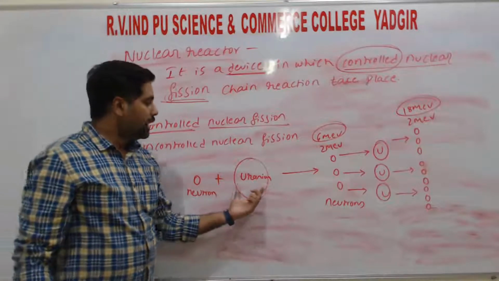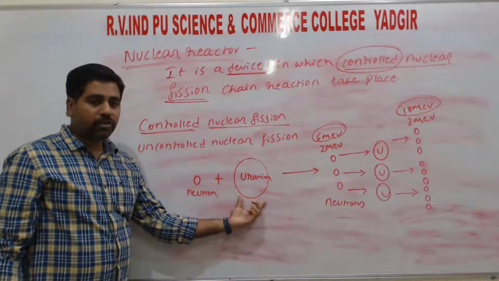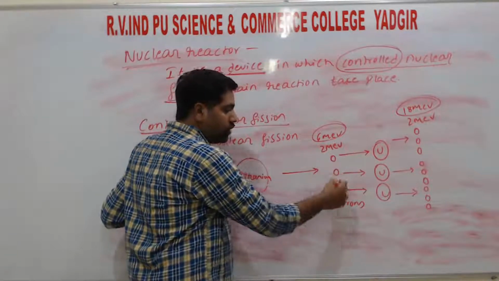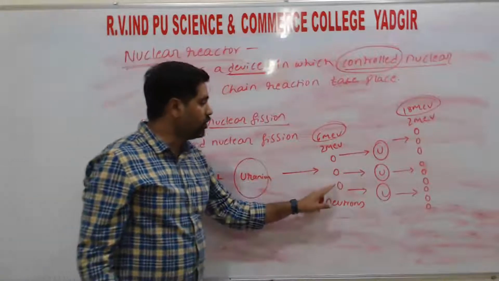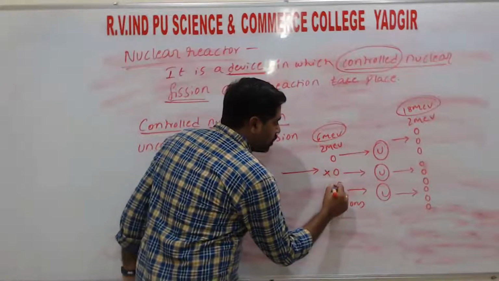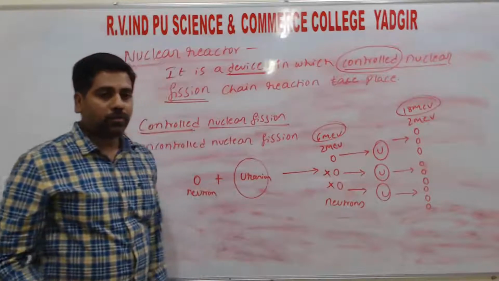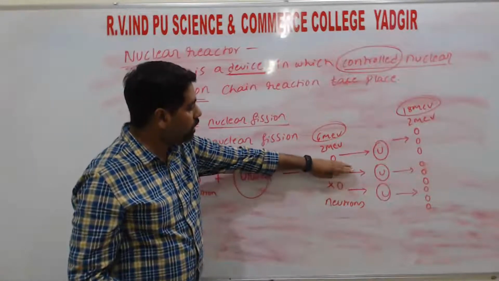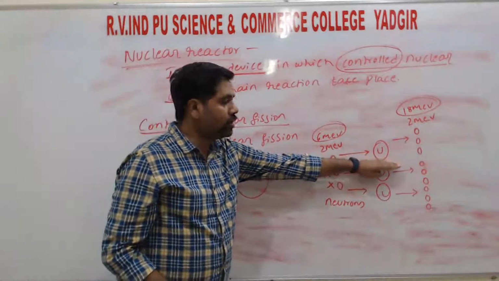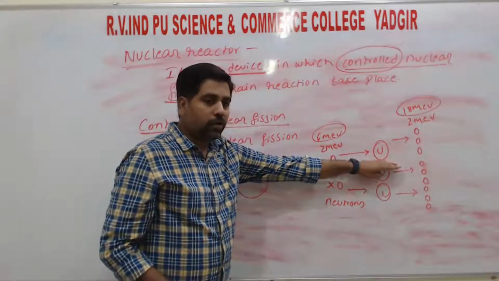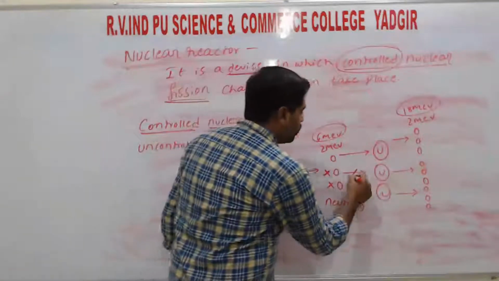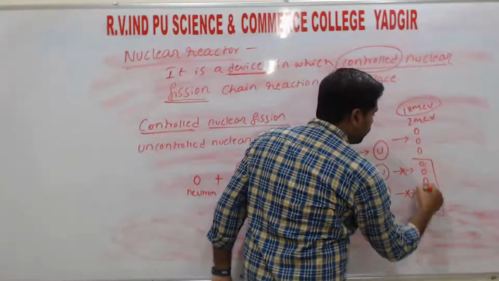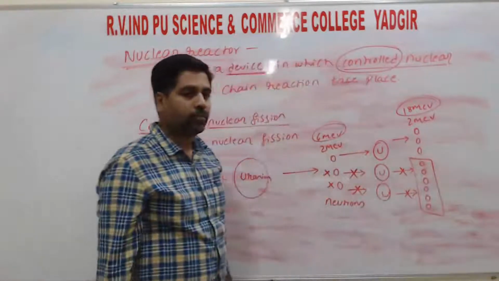So for that, when a neutron bombards the uranium, 2 to 3 neutrons are emitted. From these 3 neutrons, 2 neutrons are made to be absorbed, and only 1 neutron is made to bombard the nucleus of the uranium, right? So further reaction is controlled.